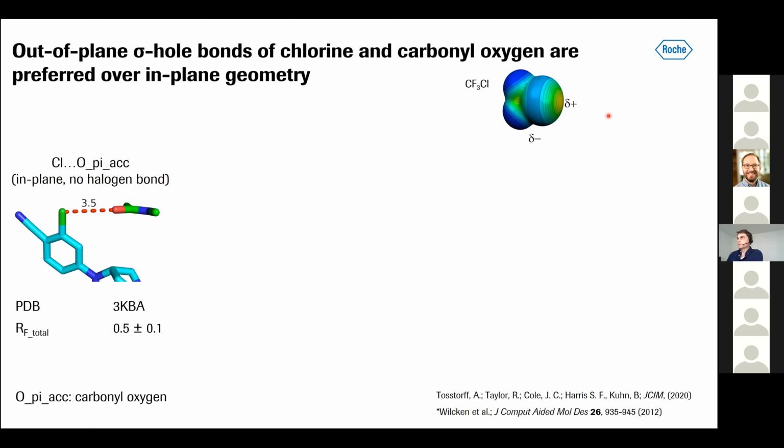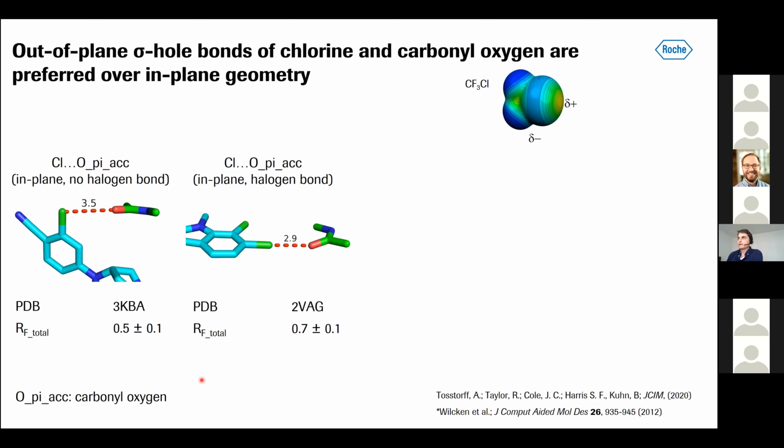However, with the ratio frequency analysis, we can see that not all halogen bonds are the same, and in general, the interaction between chlorine and the carbonyl oxygen is highly geometry dependent. So you can see here when this sigma hole does point away from the carbonyl, we have a very low RF value indicating the repulsion between the negative partial charge on the chlorine and the carbonyl, and also desolvation effects.